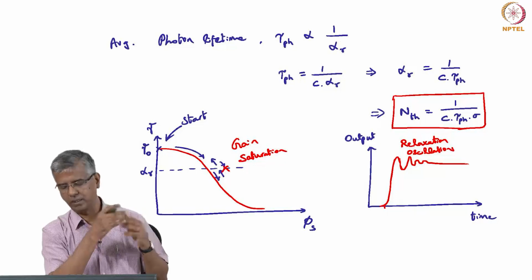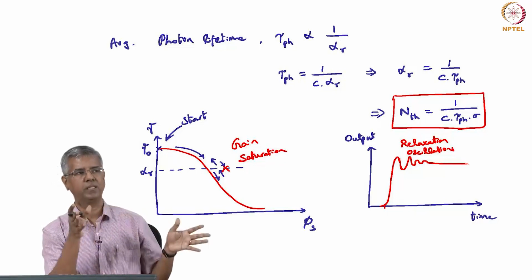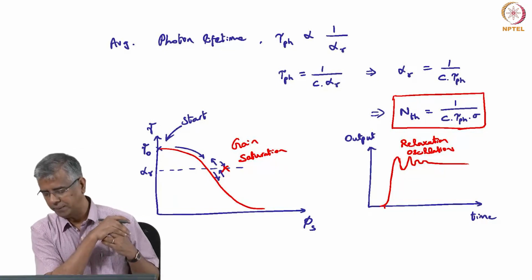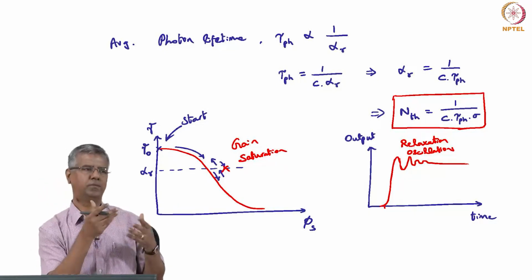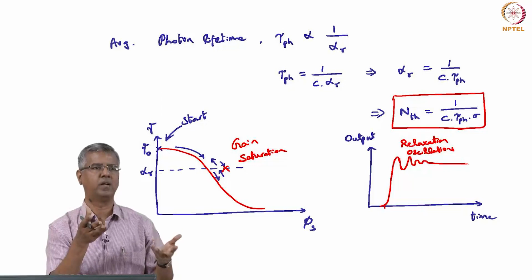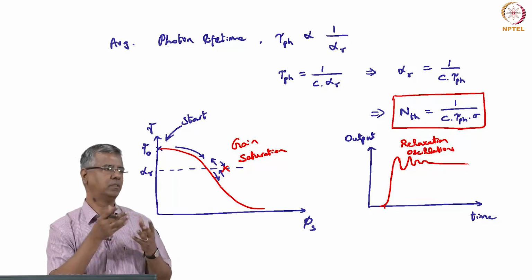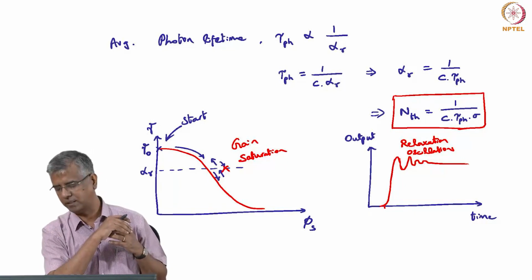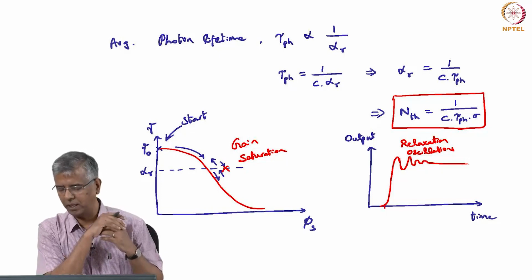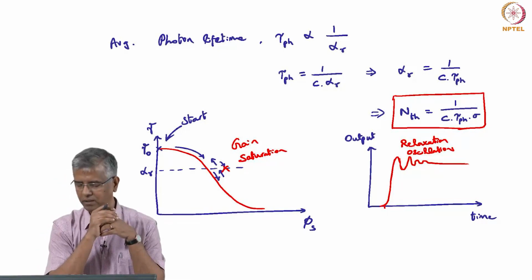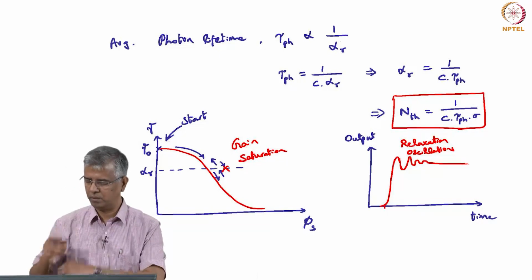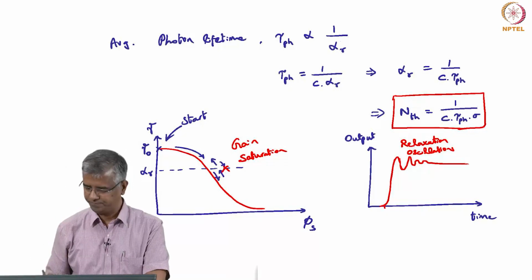It takes a few tenths of microseconds to achieve steady state, and for all practical purposes that is not a problem. We can hardly perceive that sort of oscillation, but there may be some applications where this may be important to track.